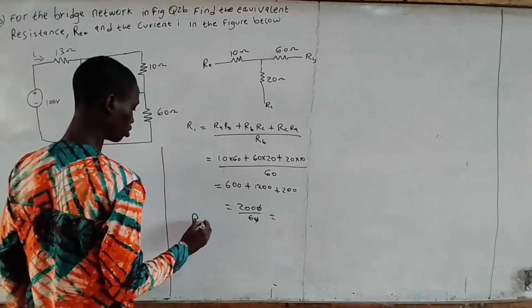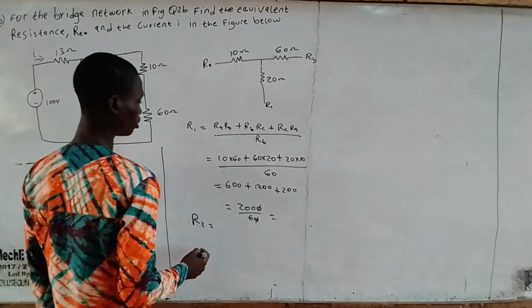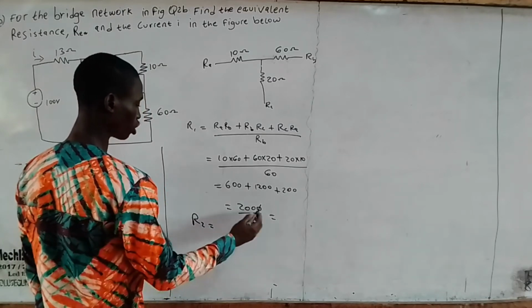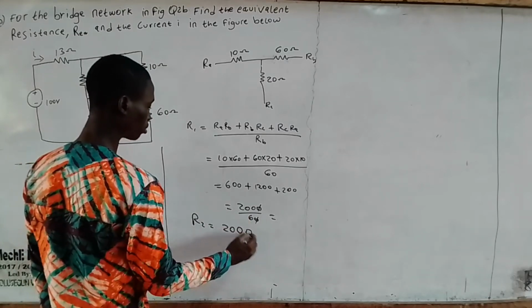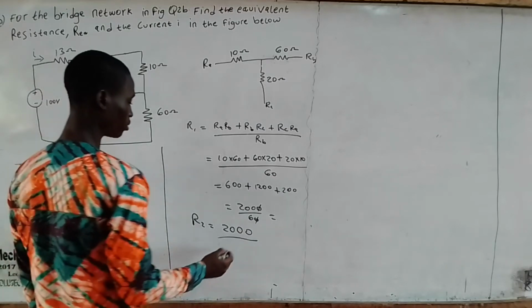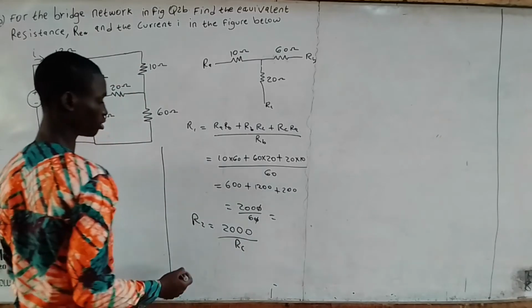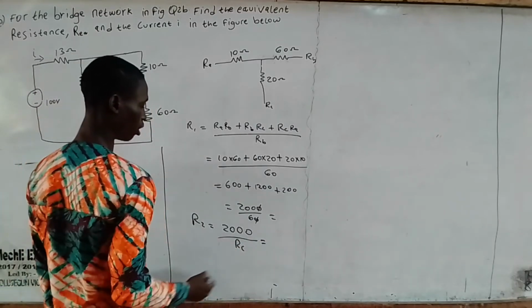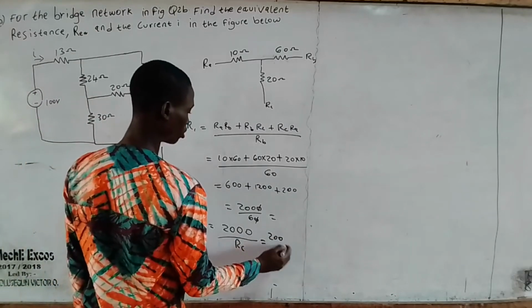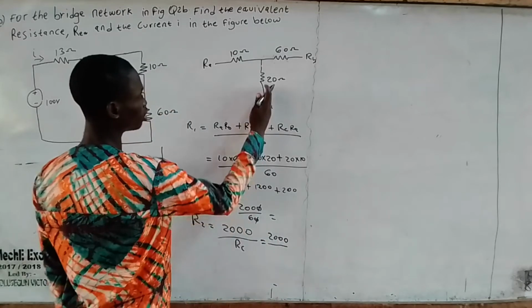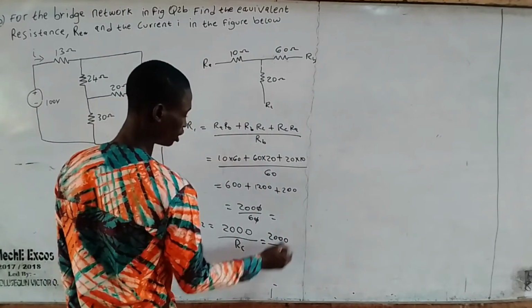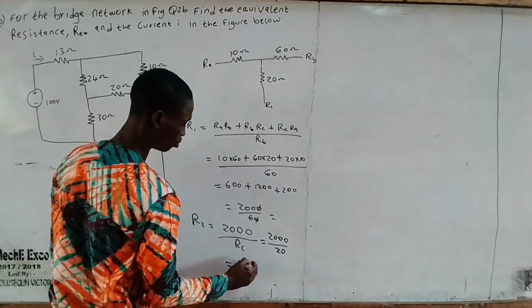Let's verify that. For R2, we're going to have the sum of these, 2000, divided by RC. R2 is represented as RC. We're going to have 2000 divided by 20, and this will give us 100 ohms.